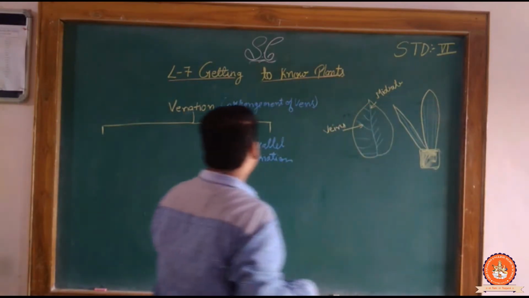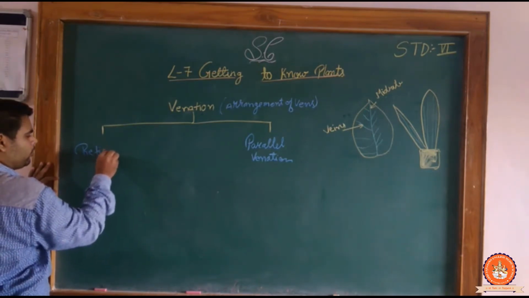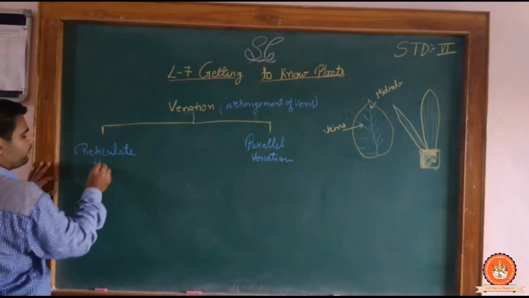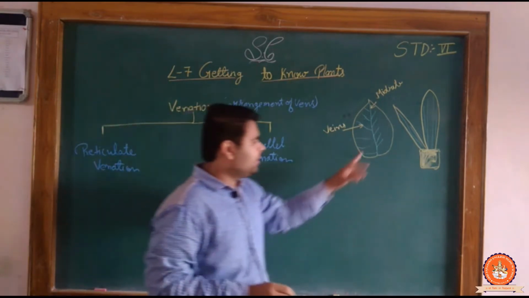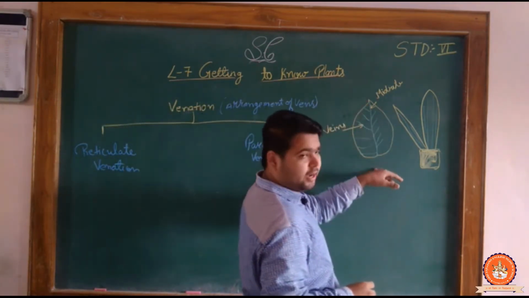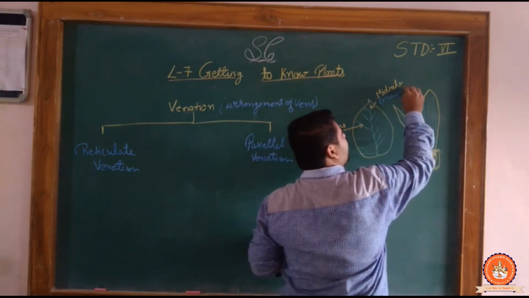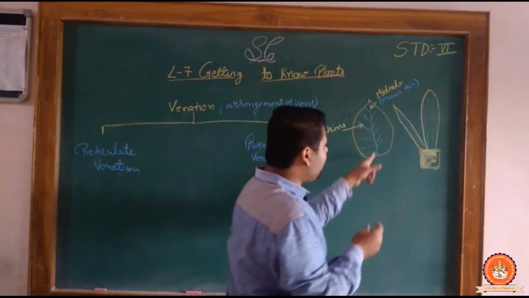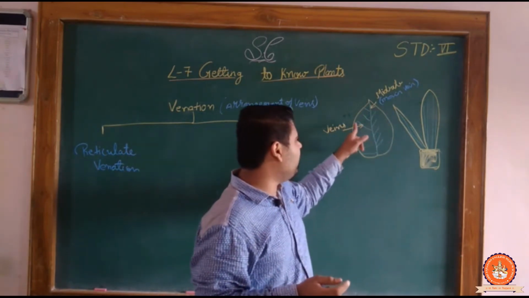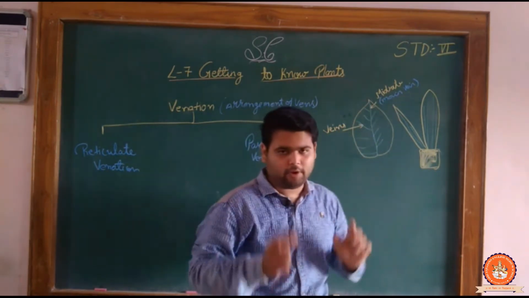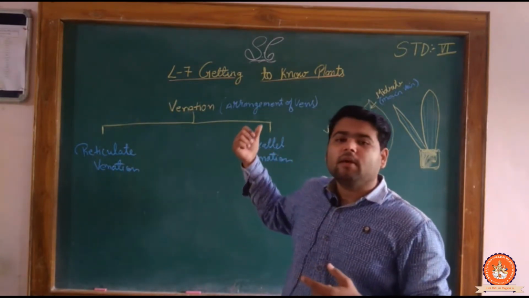But in reticulate venation, there is one midrib, meaning the main vein, and over the main vein there are sub veins. So there are two types: one is parallel and another is reticulate.